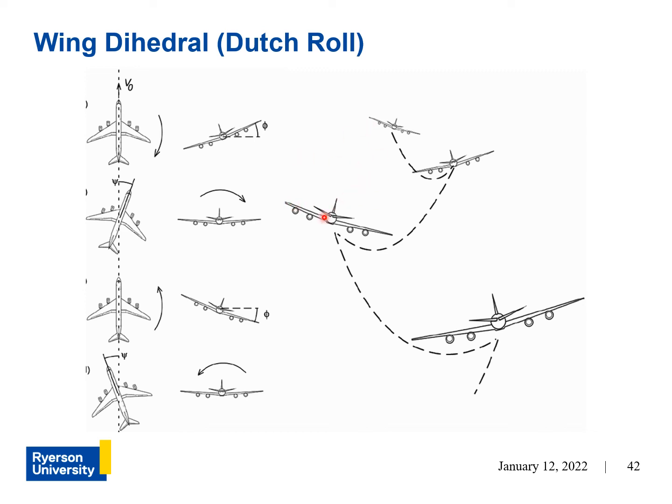So instead of just being returned to steady level flight, it'll be in a perpetual motion, a feedback loop of trying to stabilize itself, and it never returns to stable or level flight. In your future courses, this phenomenon is associated with dynamic instability, whereas the previous slide is more static stability.